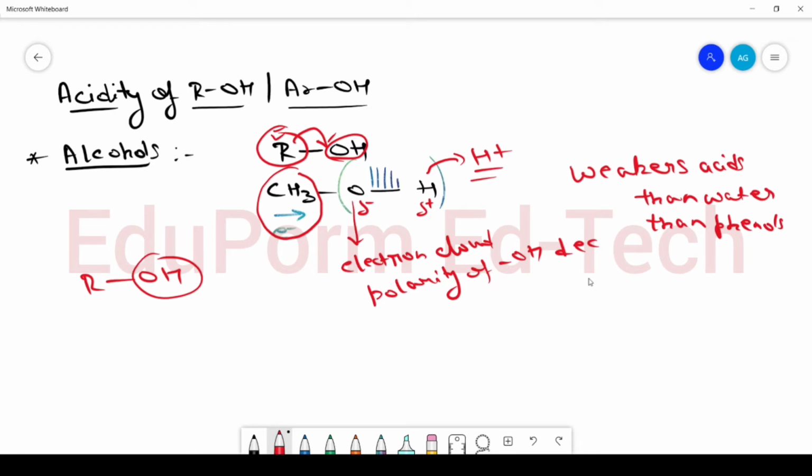This can be shown by one example of a chemical reaction, where we have RO negative. These are the lone pairs present on the oxygen atom.